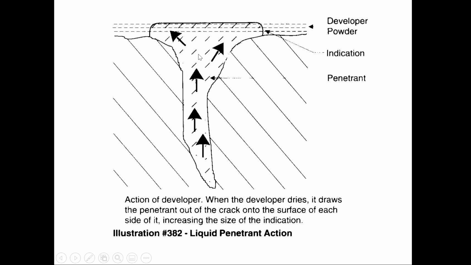This is why, when it's given the opportunity to fill these completely, if it's a deep crack, I get a huge indication. There's a whole bunch of red out here. The stuff you spray on afterward is a red powder, and it's not too different from underarm deodorant. It has aluminum chlorhydrate in it, and it sucks the liquid out of these cavities to tell us where the cracks are.